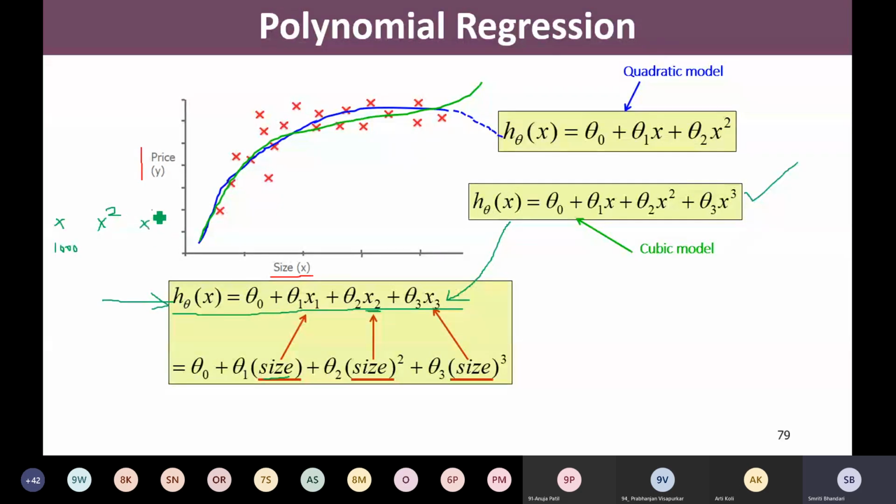So based on the single feature that I am having, that is 1000, x square would become 10 to the power 6, correct? And x cube will become 10 to the power 9. Similarly, for all my x values for all those different data points, I may create a new data set having 3 features, x, x square and x cube. So these are nothing but my x1, x2 and x3.